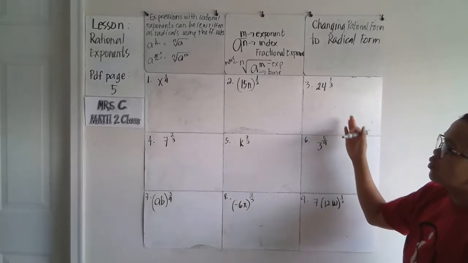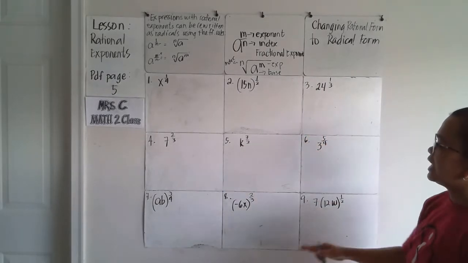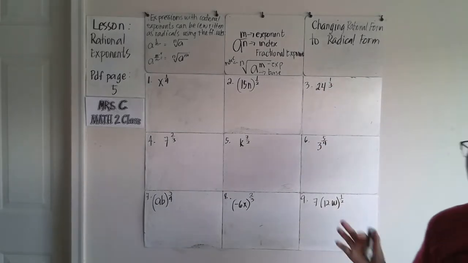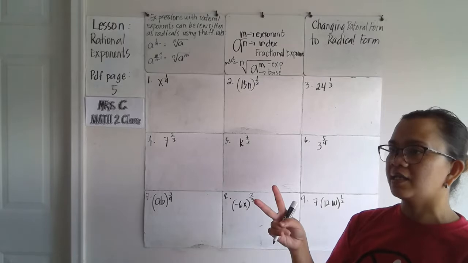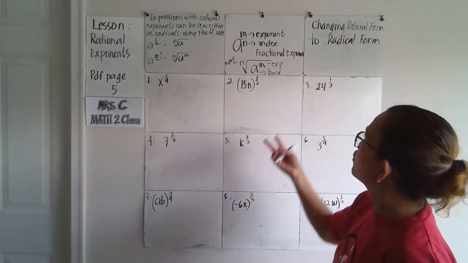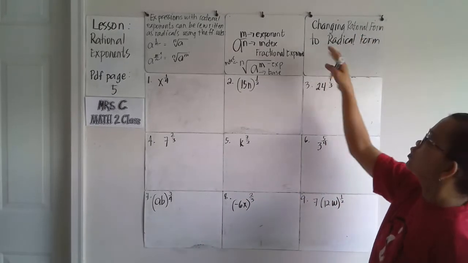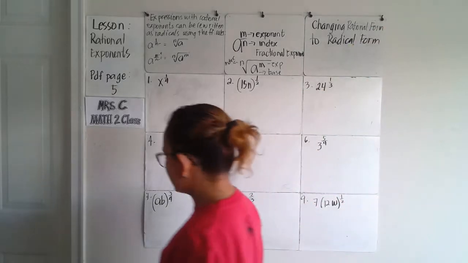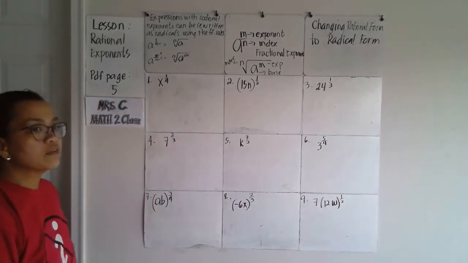All right. So what I will be explaining right now is changing rational form to radical form. And then I will provide another video for doing the reverse, which is radical form to rational form. Let's start with number 1 example. X raised to 1/4.